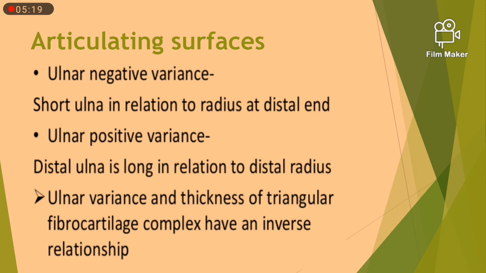So if the ulna is longer, the thickness of this disc will be low, and if the ulna is shorter, the thickness will be more. So there is an inverse relation between the thickness of this disc and the length of the ulna.